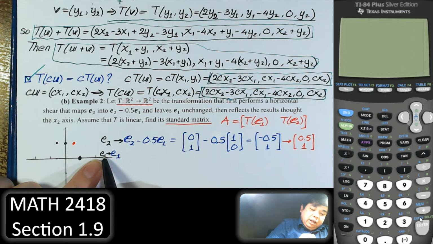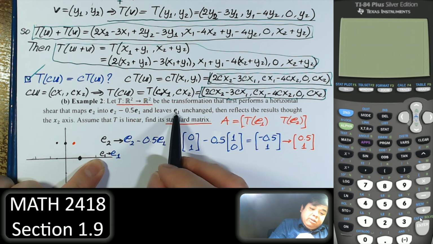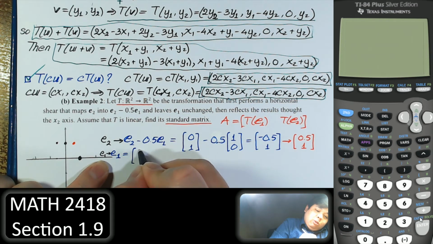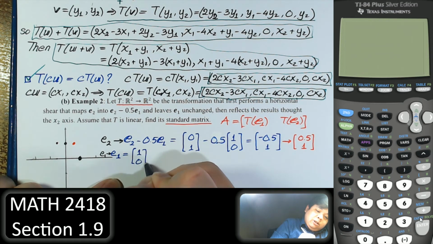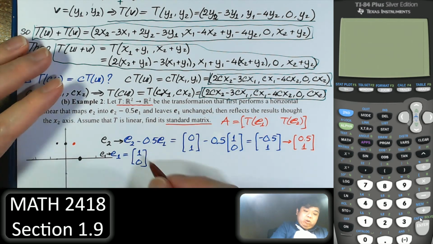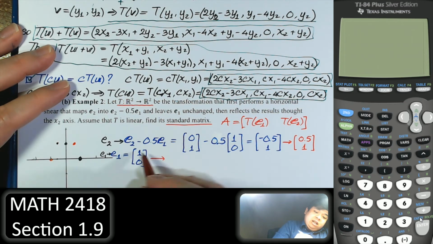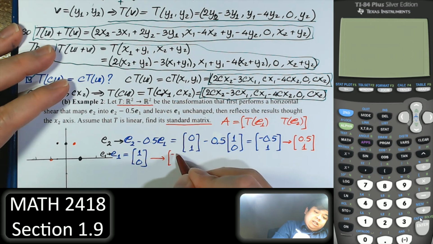Originally, the shear leaves E1 unchanged, so from E1 we have just 1 and 0. But then we have to flip across E2, so it will move to the other side. Instead of 1 and 0, it is negative 1 and 0.